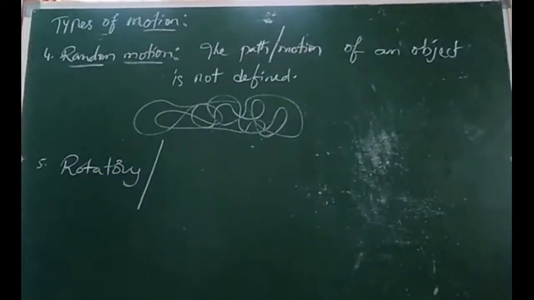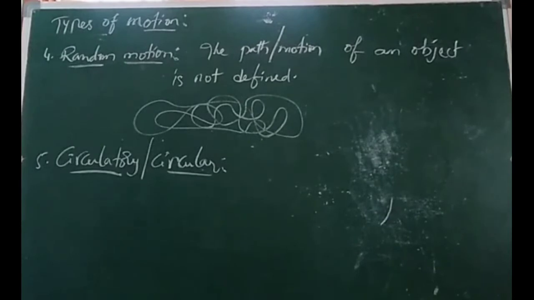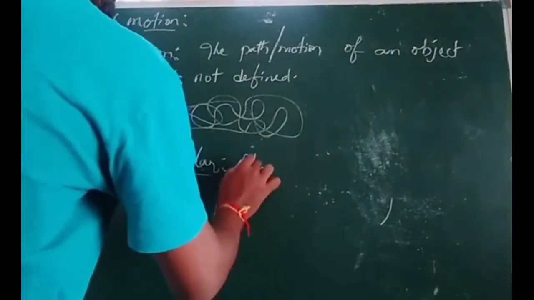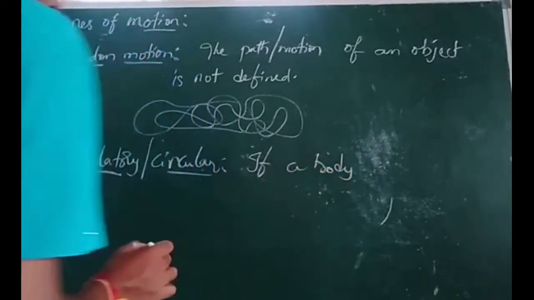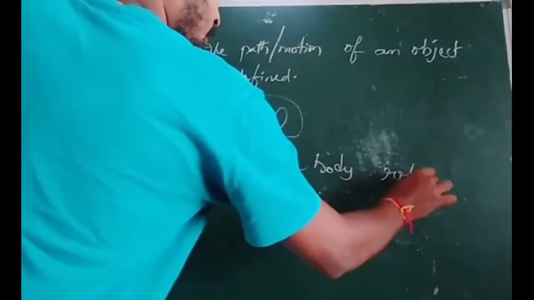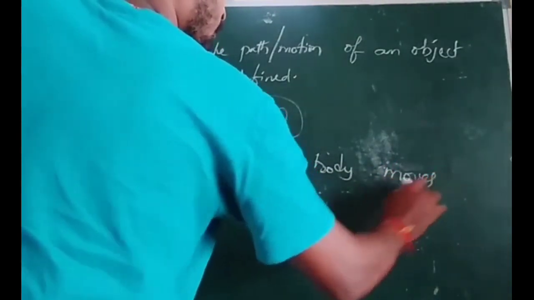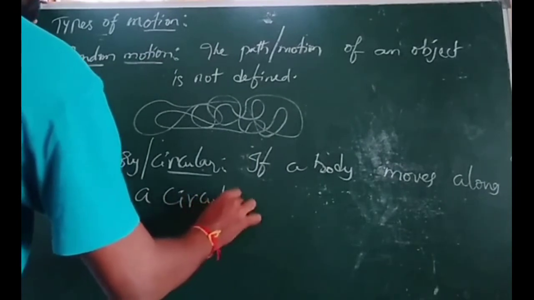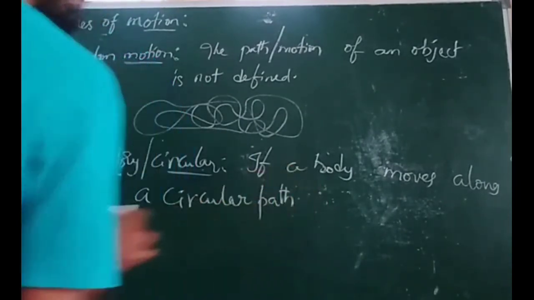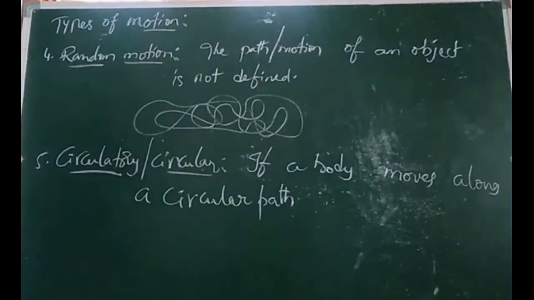If a body rotates or moves along a circular path, then in this circulatory motion there is no fixed point, no fixed axis to that object.